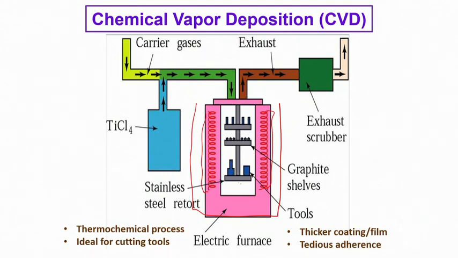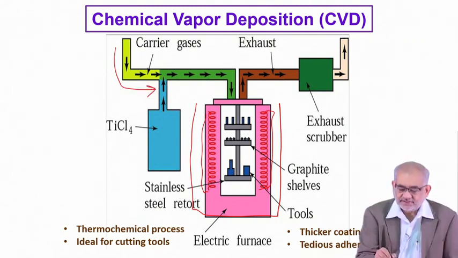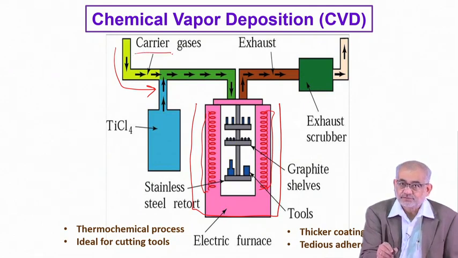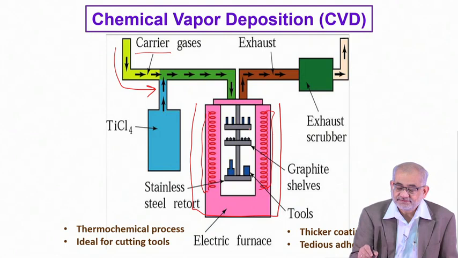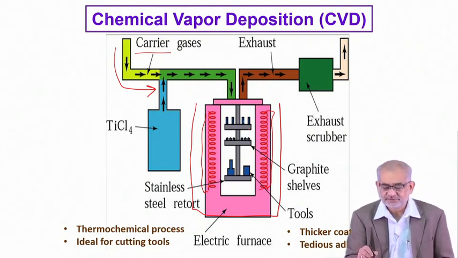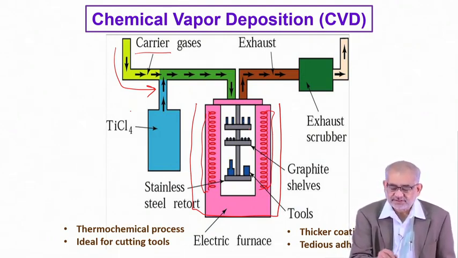Then we have holders, which are stainless steel or some kind of ferrous-based retorts. Now we feed in carrier gas like this, and the carrier gas doesn't react, it acts more like a carrier agency. Then we also send certain precursor gas, which within the reaction chamber, at the temperature, dissociates and deposits onto the surface.